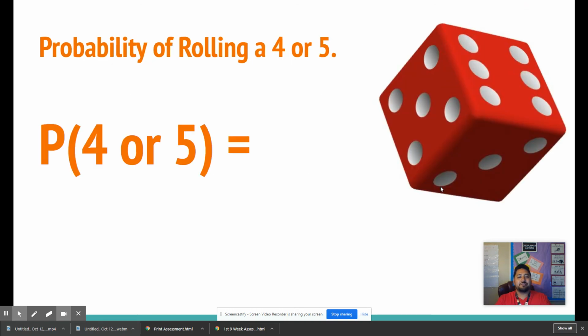So let's look at another one. What is the probability of rolling a 4 or a 5? I'll give you some time to think about what that would be. So remember, it's the number of favorable outcomes over the number of total possible outcomes, the sample space.